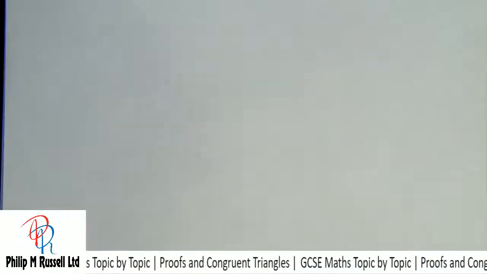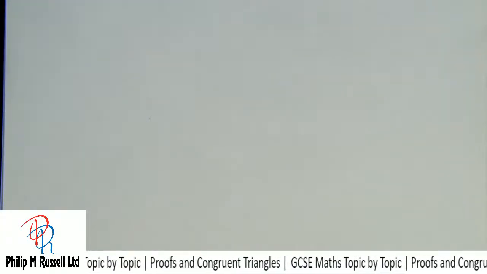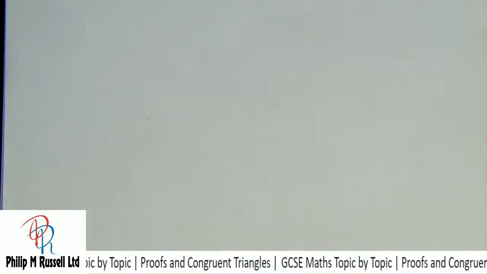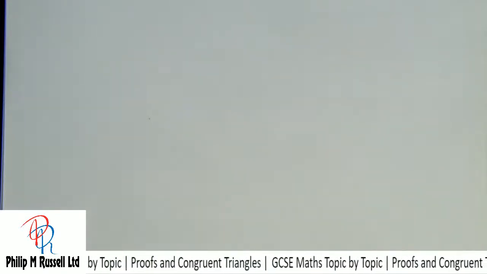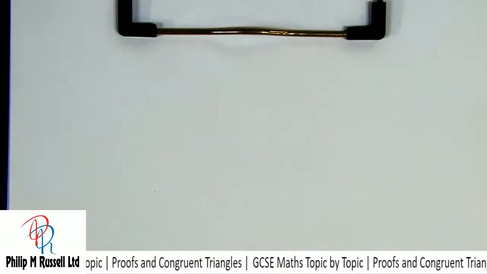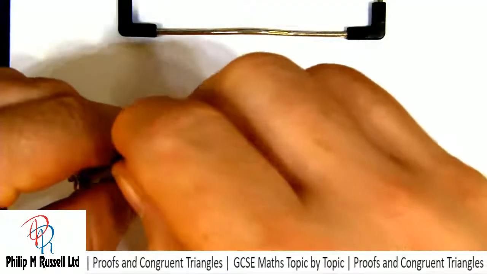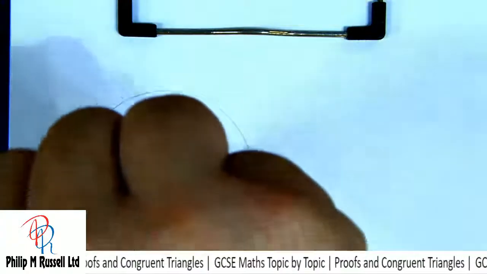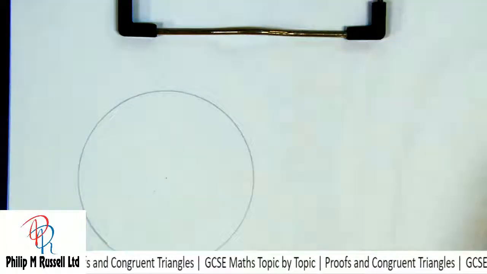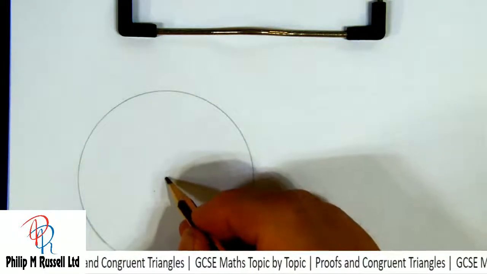Circle theorems do come thick and fast. They give you all sorts of things, and once you know some of these things you can work out others. So let's draw in a different one. I managed a slightly better circle this time.